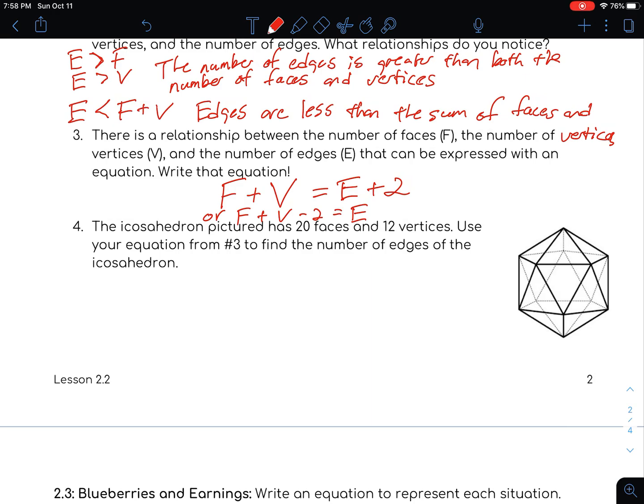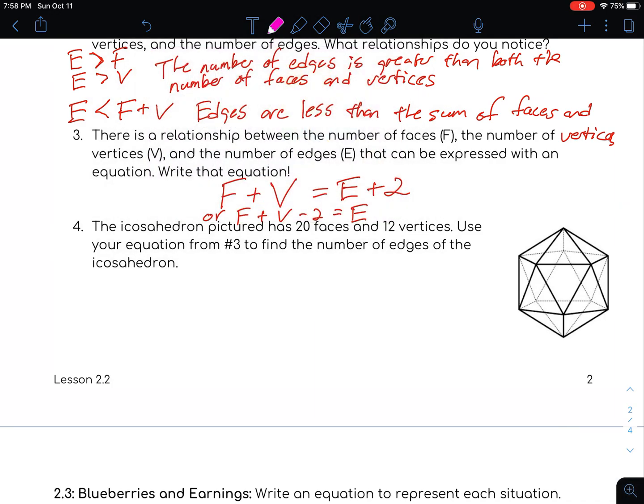Okay, so now let's look at another type of polyhedron. This one's called an icosahedron. It also has all regular triangle faces. In fact, it has 20 of them. Icosa means 20. So it's 20 faces, and it has 12 vertices. Write your equation from number 3 to find the number of edges.